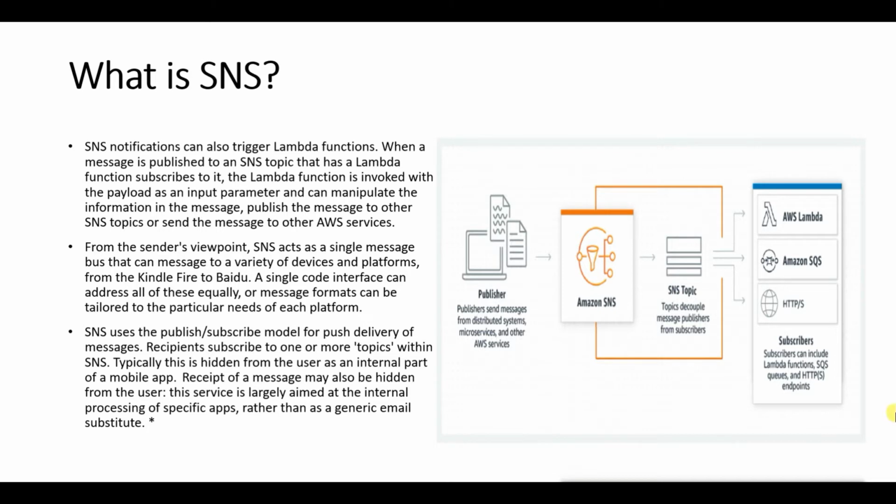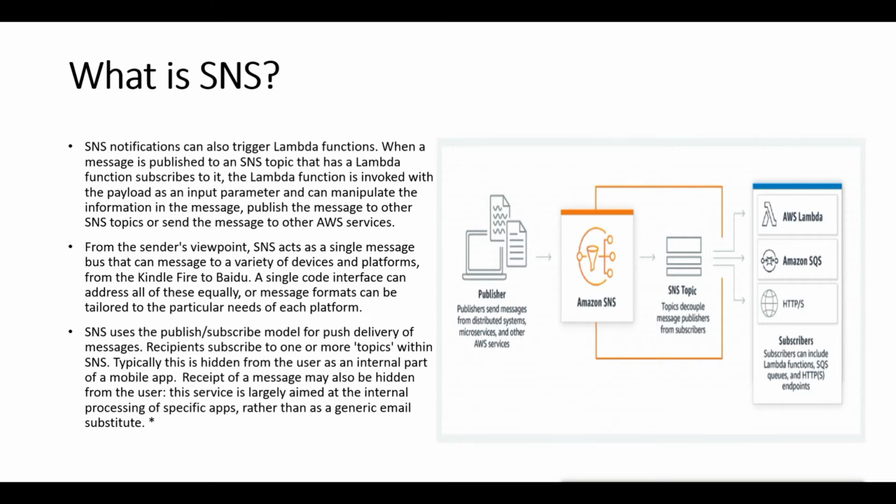As you can see in here, subscribers are already present. Publishers are also present. Recipients subscribe to one or more topics. This is a topic and recipients subscribed. Typically, this is hidden from the user as an internal part of your mobile application.